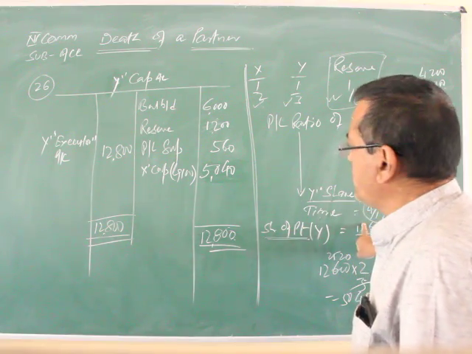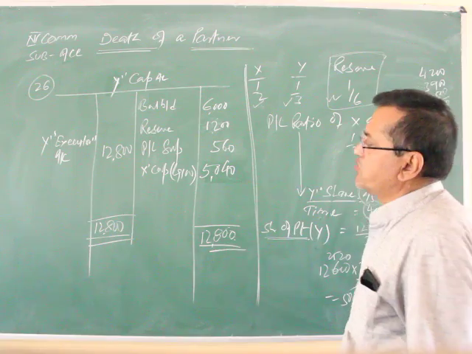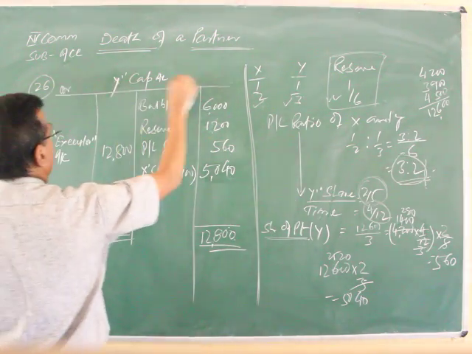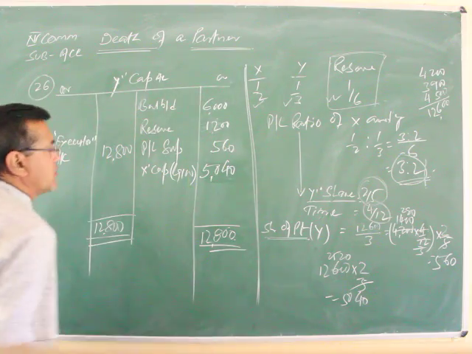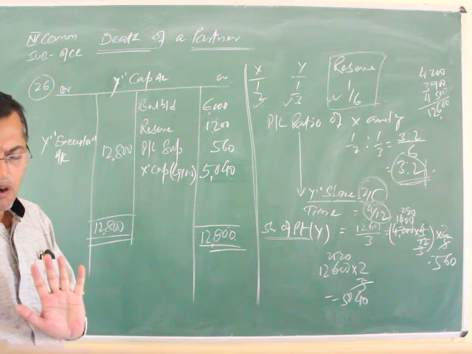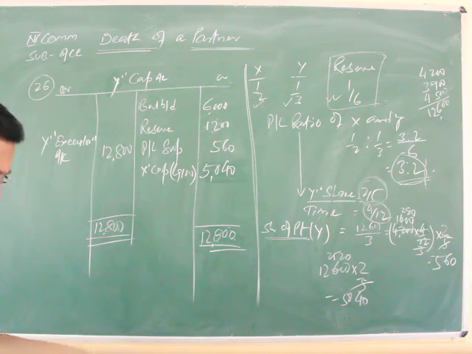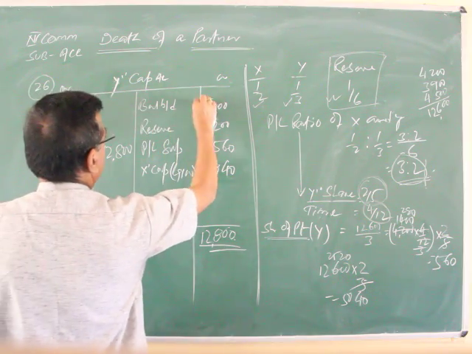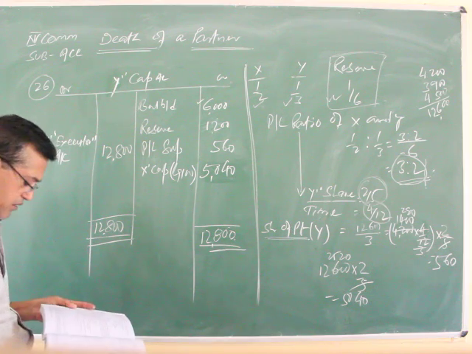Here note it down at first, and now start to solve. Write down Y's capital account, particulars, amount, particulars, amount. First of all, see the amount of Y's capital. You are seeing Y's capital is 6,000. Write down balance b/d 6,000 of Y's capital.